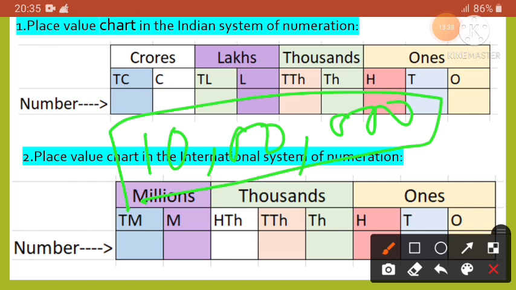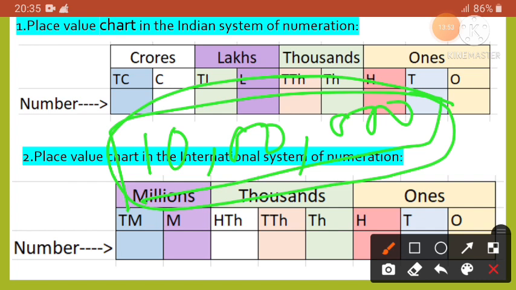Thus in the Indian system of numeration, 1 followed by 6 zeros in words is 10 lakhs, and we have already written it in figures also.